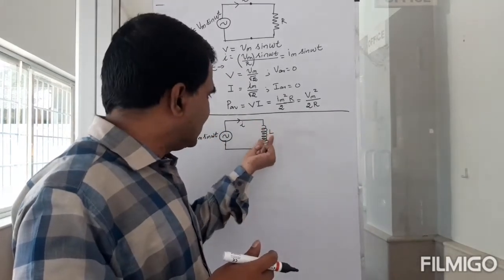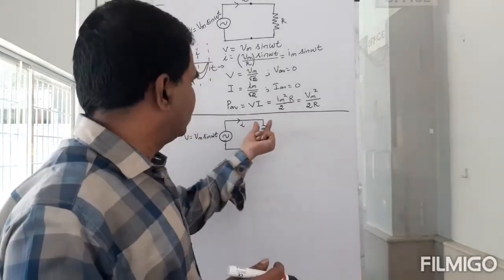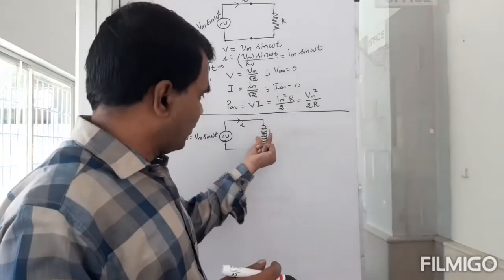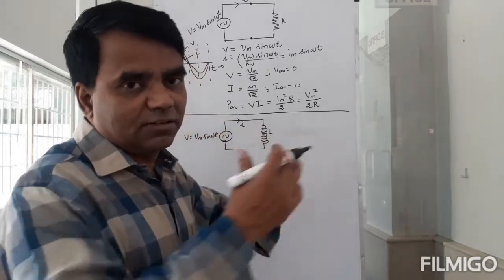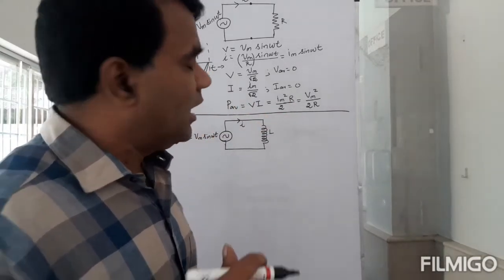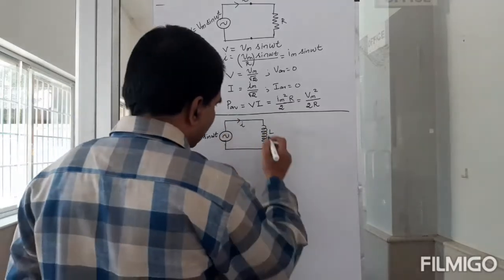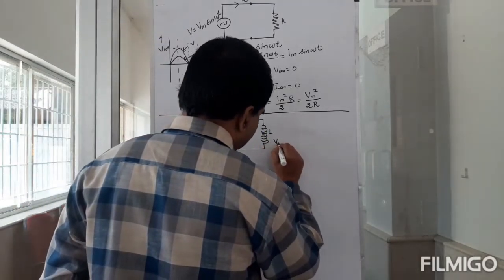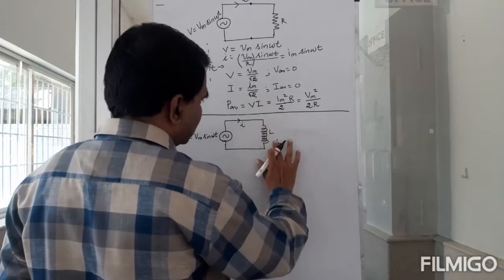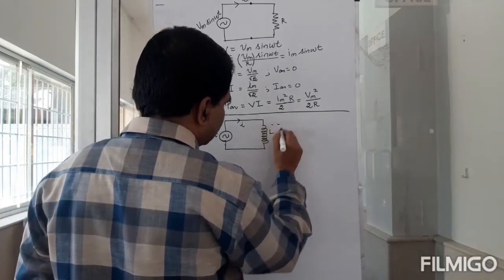So there will be an EMF, a back EMF, generated in this coil, and that will oppose this change in current. I call that induced voltage VL. VL is a voltage that is getting induced across, let's say, this.